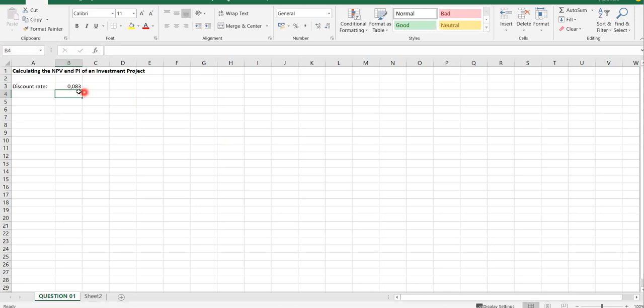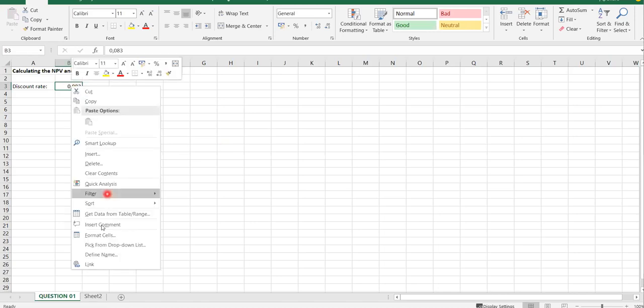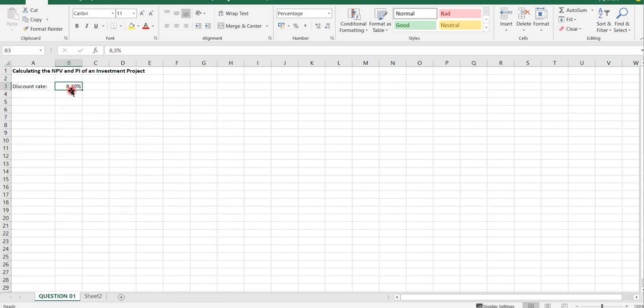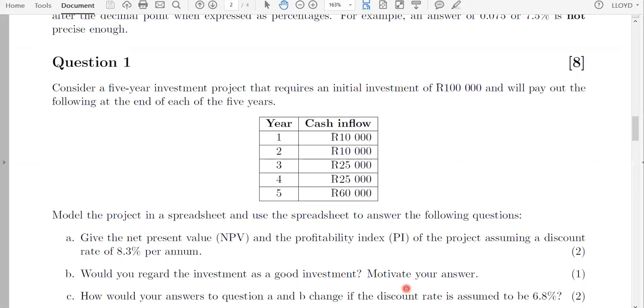Then I'm going to format my cell to show this as a percentage. So you right click on the cell, then go to format cells. Then choose percentage, then 2 decimal places. So you see now the cell has changed. We've got the percentage form instead of the decimal form. So that is my discount rate. It's 8.3% per annum.